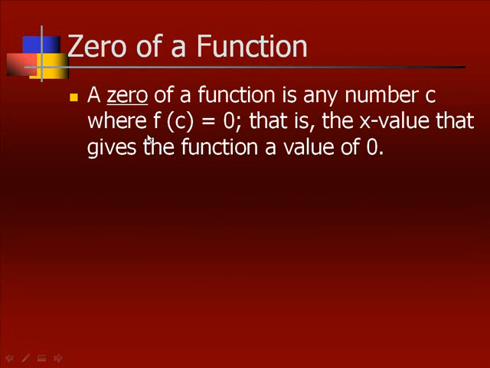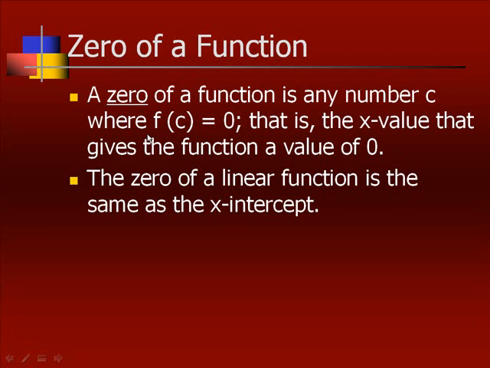Now, the zero of a function is any number c where f of c is equal to 0. That is, it's the x value that gives the function a value of 0.